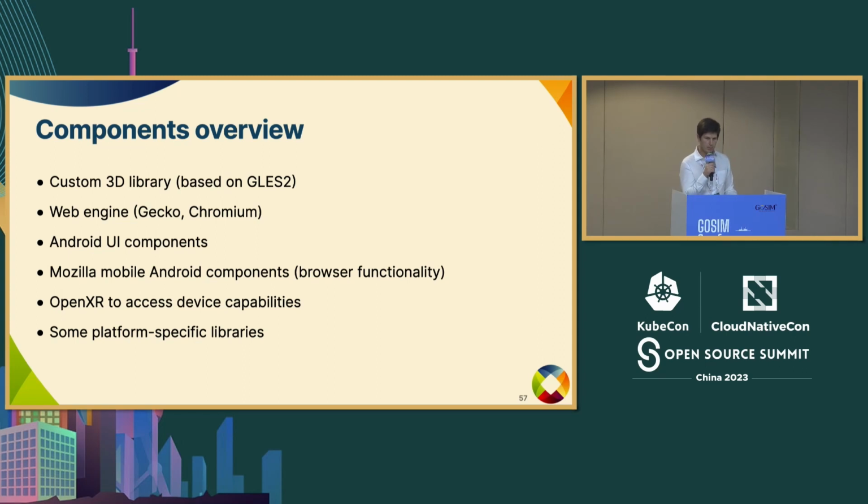And in order to provide some browser functionality like bookmarks, downloads, history, and so on, we use some of the components that are used by Firefox on Android. To access specific capabilities for the XR devices, we use mainly OpenXR, and then in some very particular cases, we might use some platform-specific libraries.